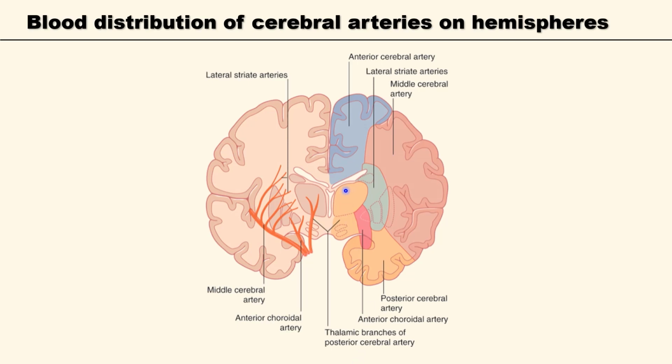Remember that the thalamus acts like a switchboard, sending messages off to the appropriate cortex or region of the brain. So a posterior cerebral artery fault may have many consequences from a neurological perspective. That has summed up the arterial supply.